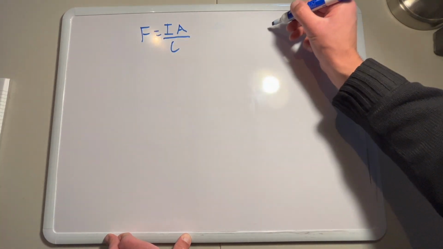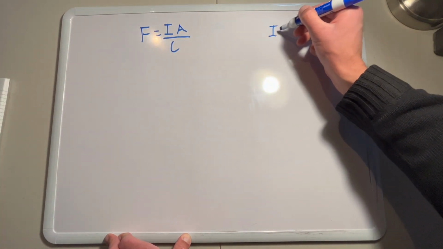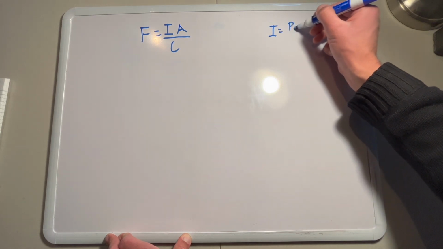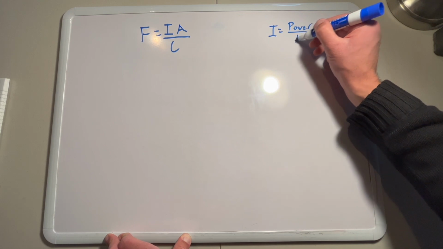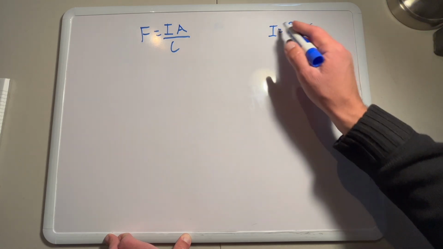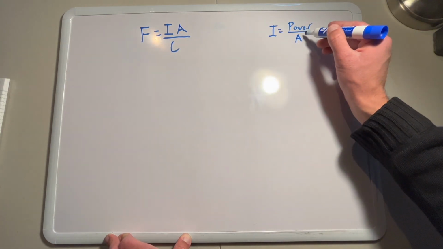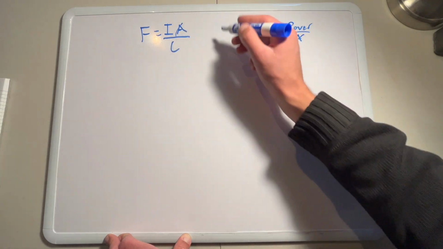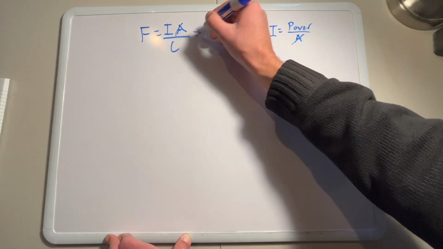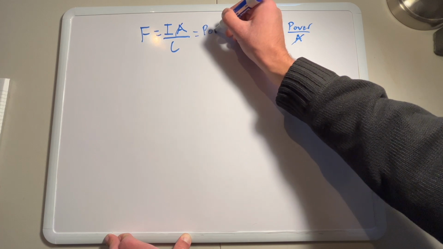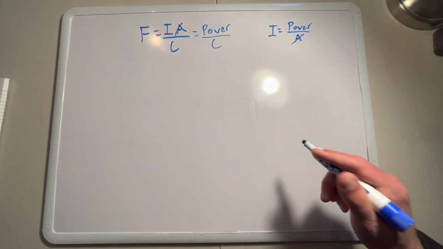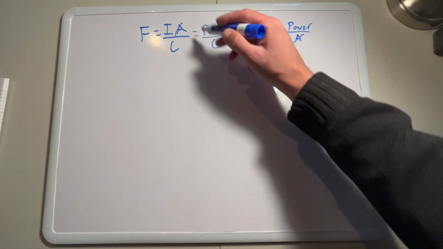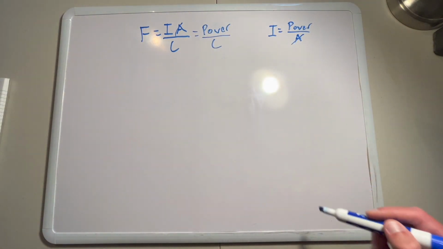Irradiance I is power, I'm writing out power so we don't get it confused with momentum, divided by area. So if we plug that in, you can get rid of the areas there, and what you're left with is power divided by the speed of light. And we can use what we've been looking at to arrive at that equation there.